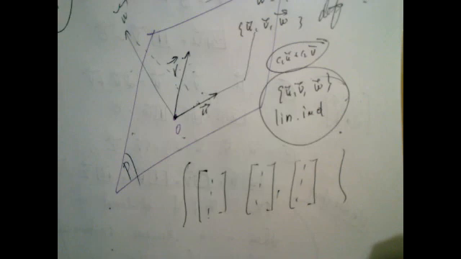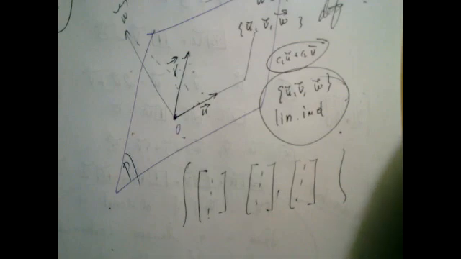U plus V plus W equal to vector 0, or minus, whatever the signs are. Can you speak up a little bit, Chris? Okay, I'm sorry.